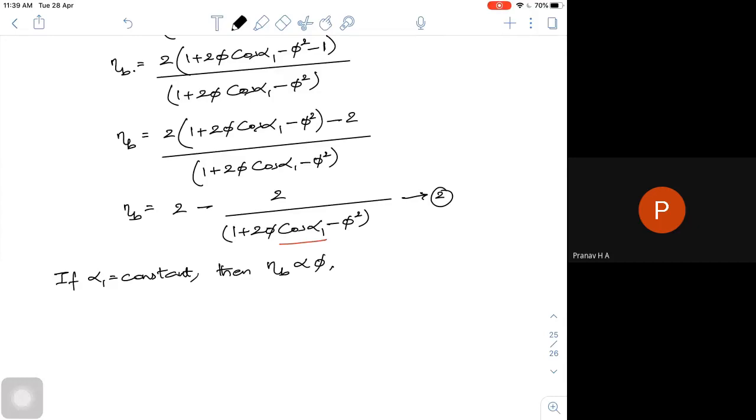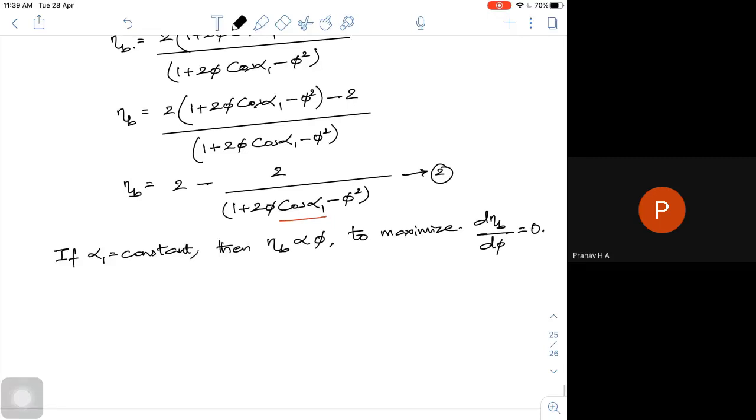So what should I do? How to maximize this? To maximize, I should differentiate blade efficiency with respect to phi and equate it to 0. If I differentiate it, I'll get a condition for maximum blade efficiency.